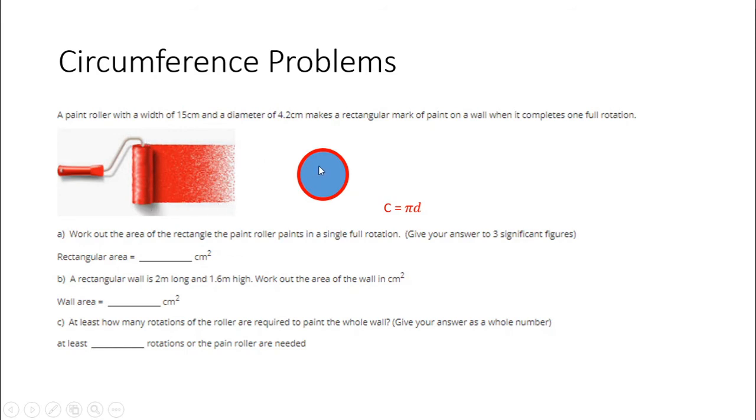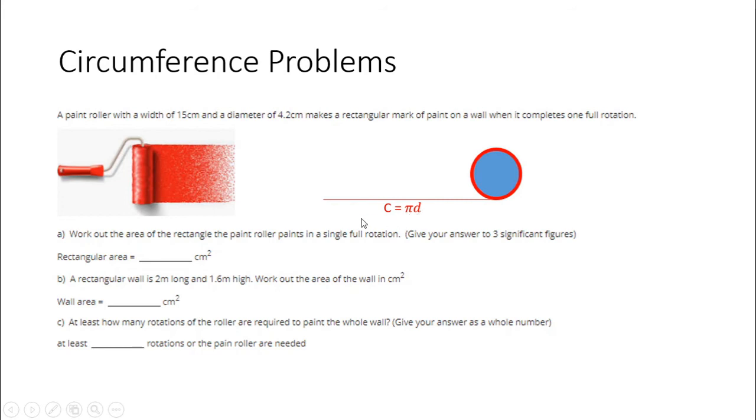Just to show you how this roller makes that rectangular mark, imagine that I roll it across. And you'll see that the length of that mark is equal to the full circumference of that circle as it rolls across, which is why I've written here that the length of this line is the circumference. It's pi times d.